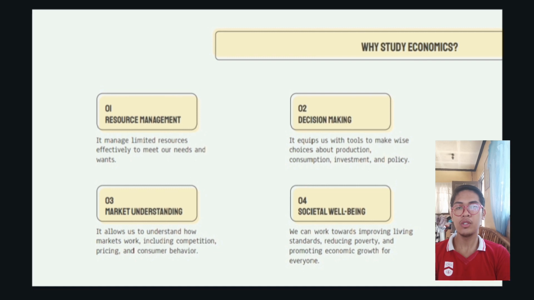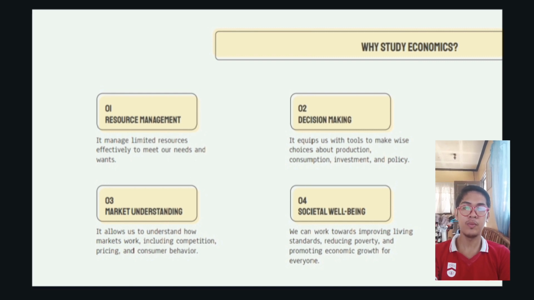So why study economics? Number one reason is resource management, to manage limited resources effectively and to meet our needs and wants. Number two is decision making. It equips us with tools to make wise choices about production, consumption, investment, and policy.